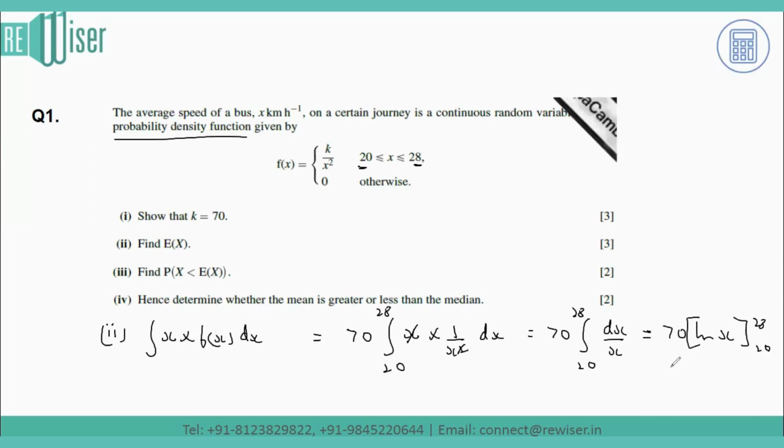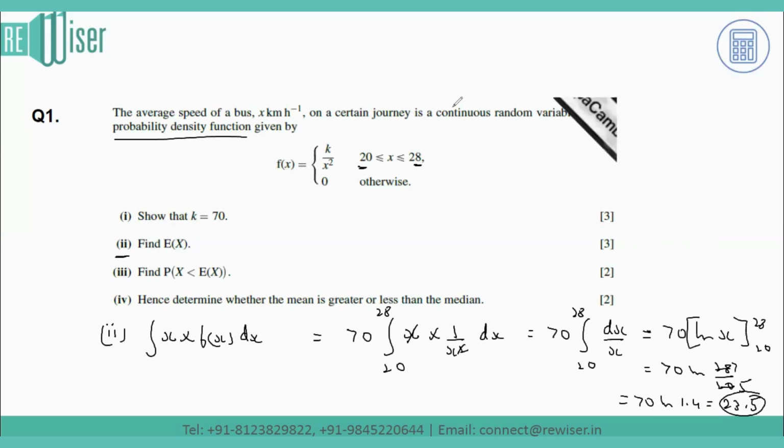So that can be written as 70 ln of 28 by 20, which is 7 by 5. So 70 ln 7 by 5, which is 1.4. Putting it into the calculator, the answer I get is about 23.5. That's the expected value of the given probability density function.